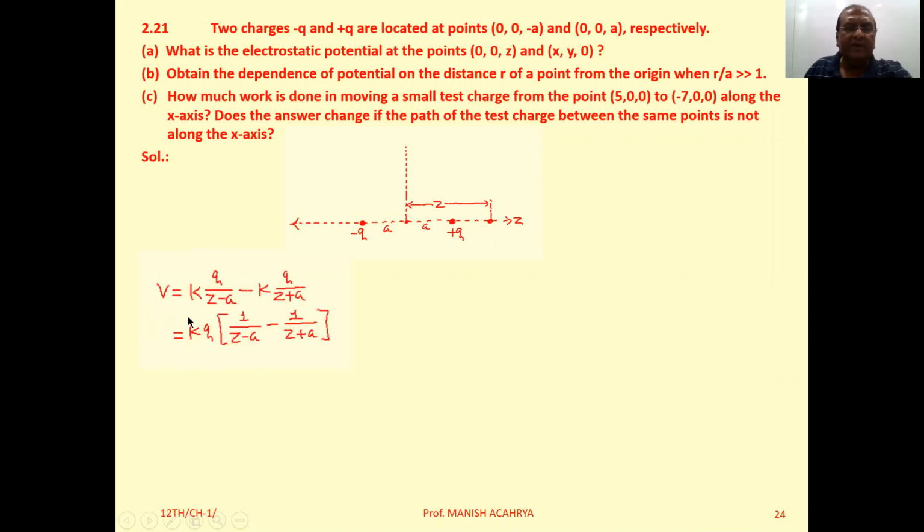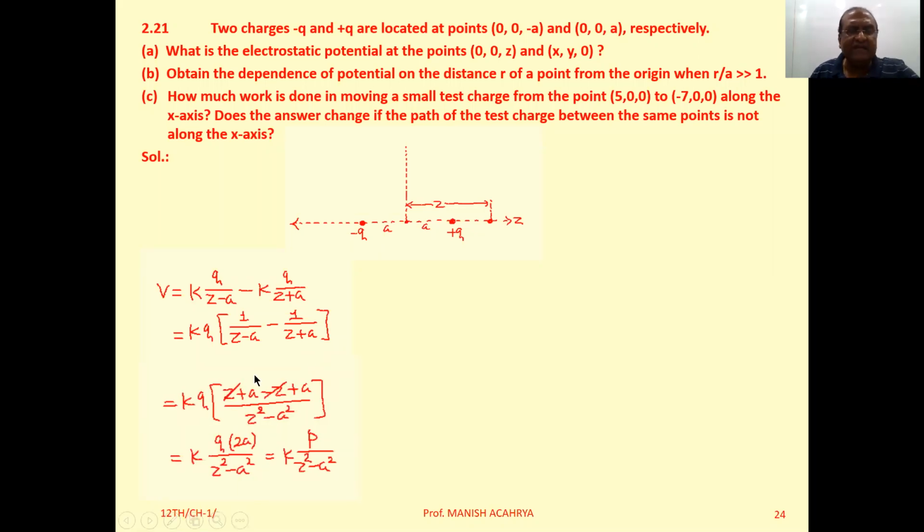Now see, potential at point z is kq upon the distance between that point and plus q, that is z minus a, and for the negative charge the distance is z plus a, but the charge is minus q, so that is minus kq upon z plus a. Take kq common: 1 upon z minus a minus 1 upon z plus a.